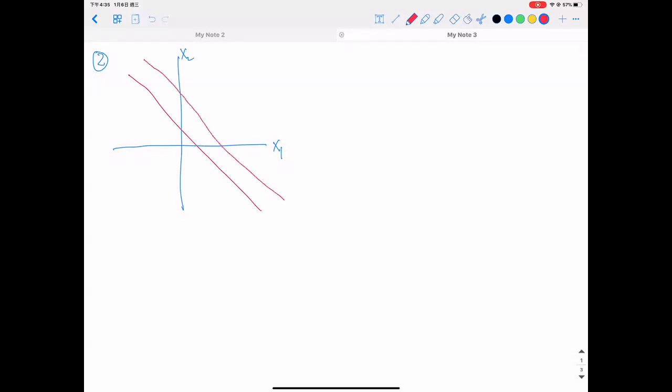They may not meet each other. Sorry, these lines are not very straight. But anyway, my point is that there are no intersections, no points of intersection.